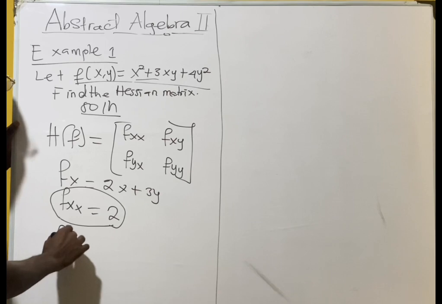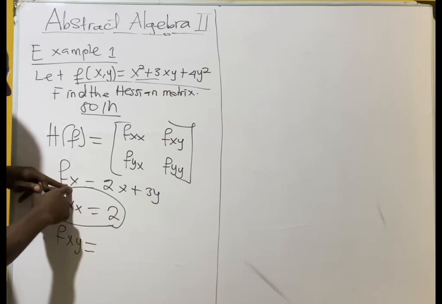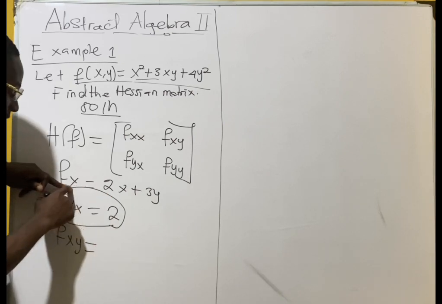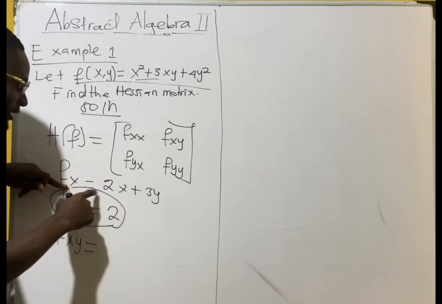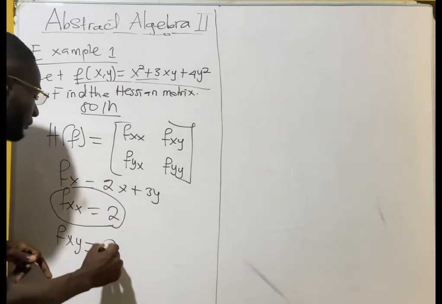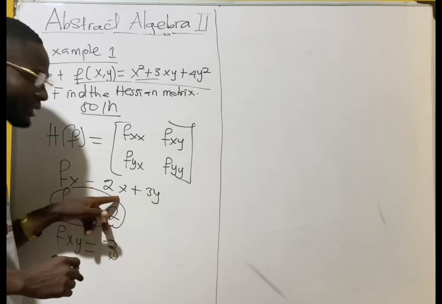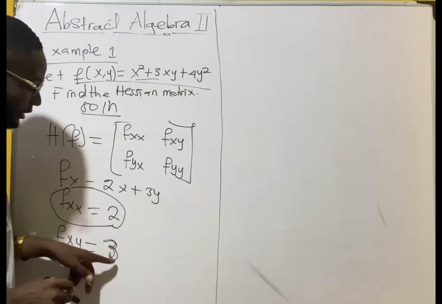Now let's find fxy. We have fx here, so to determine fxy we differentiate this fx with respect to y. If you differentiate fx with respect to y, you're going to have 3, since 2x tends to a constant.